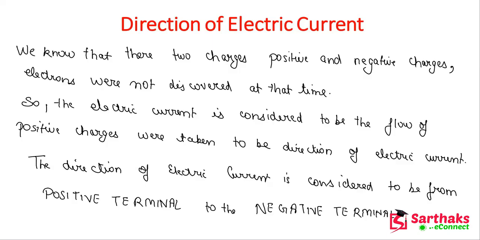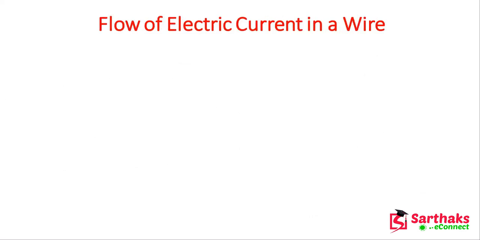Now the next topic that we are going to discuss is the flow of electric current when it is flowing in a wire. So what is the direction? An electric current is the flow of electrons. When electric current was discovered and the direction was being decided, electrons were not discovered at that time.